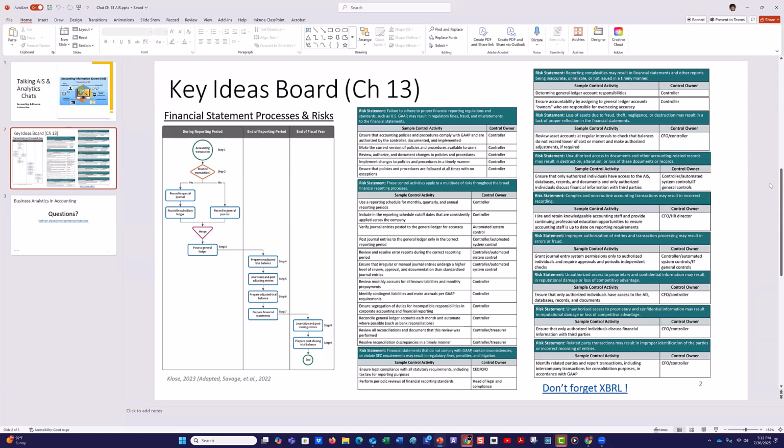We talked about ERPs in the past, and one of the big things about accounting systems and ERPs is the role that automated controls and what we call roles play, right? So typically, access to the general ledger is very restricted within organizations. It's going to be the controller and then maybe the CFO that can actually go in and make direct adjustments to the general ledger.